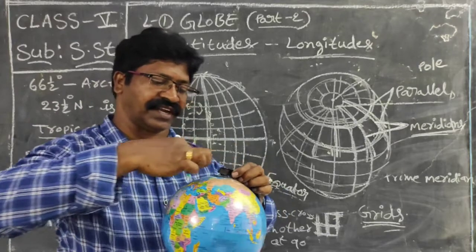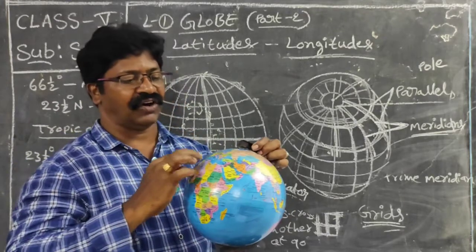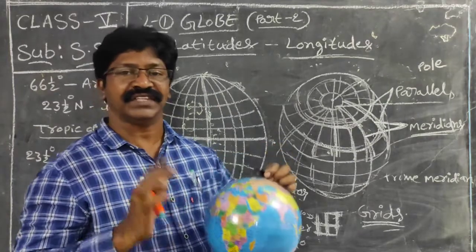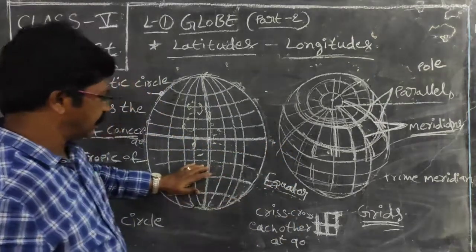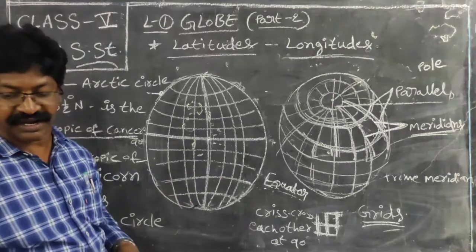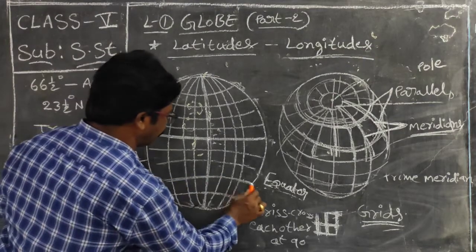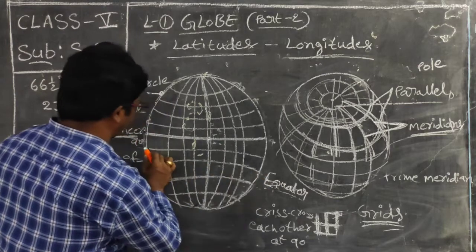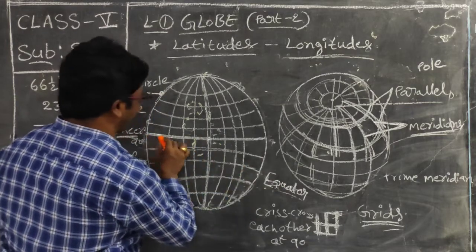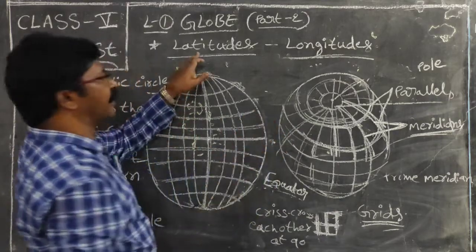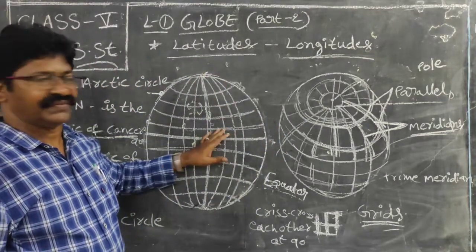One circle, and below it another circle, all circles one by one, and they never meet. These circles are called latitudes, or circles of latitude, parallels.